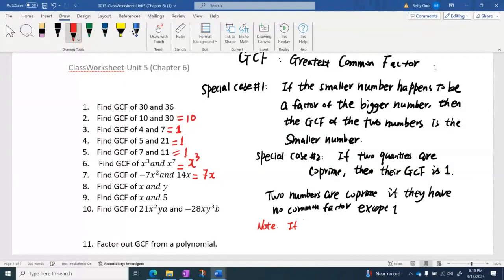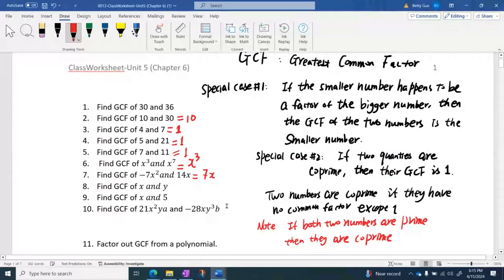If both numbers are prime, then they are definitely co-prime. Like question number 5, 7 is a prime number, 11 is a prime number, so they are co-prime. Since they are co-prime, GCF is 1.